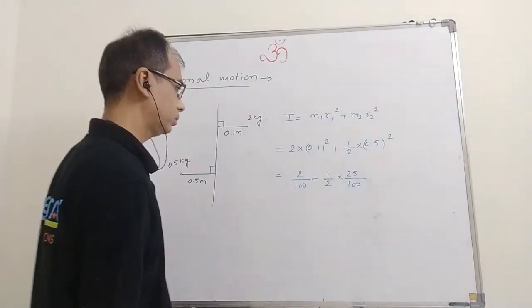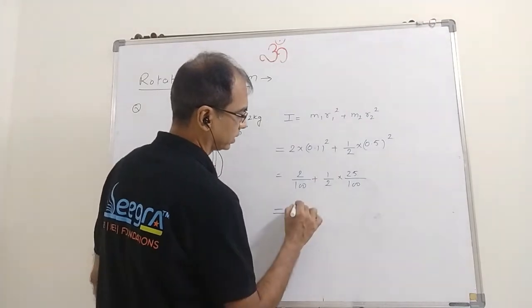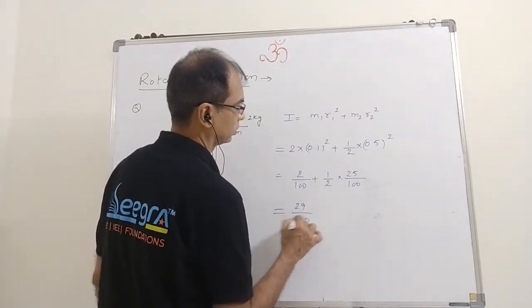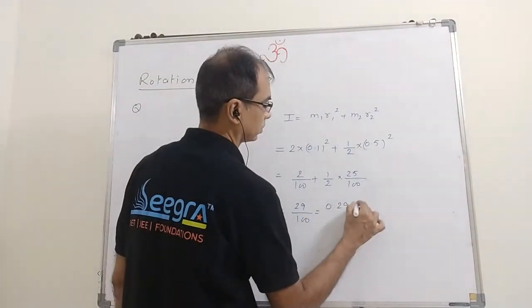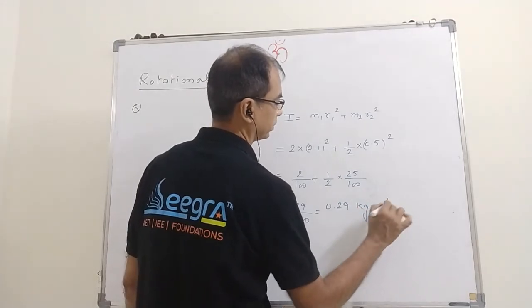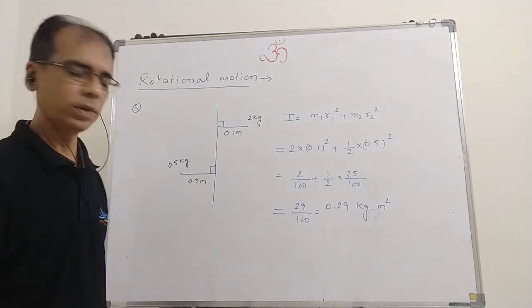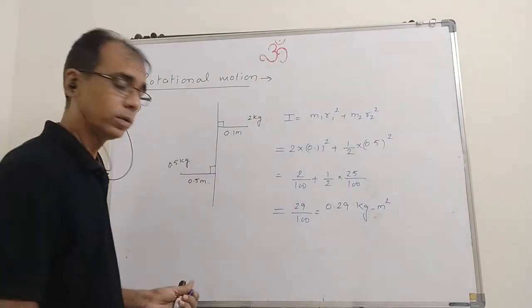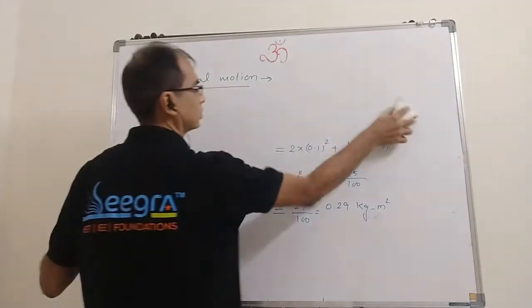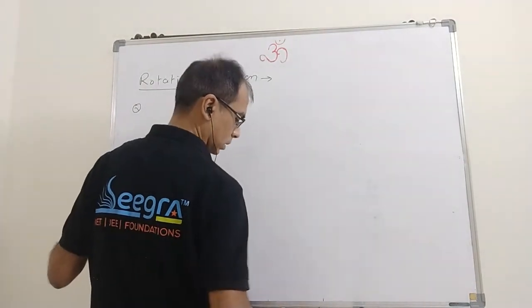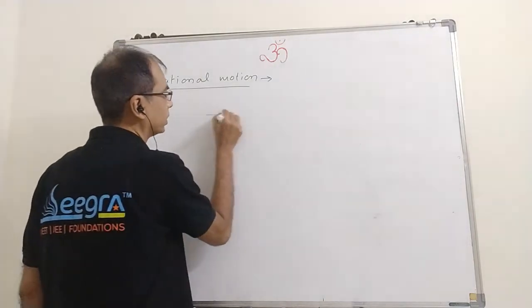Now if we calculate, the answer is 29 by 100 or 0.29 kg meter square. Simplest of questions. Right? Let's move on to the next question now. Let's say 4 particles are there.